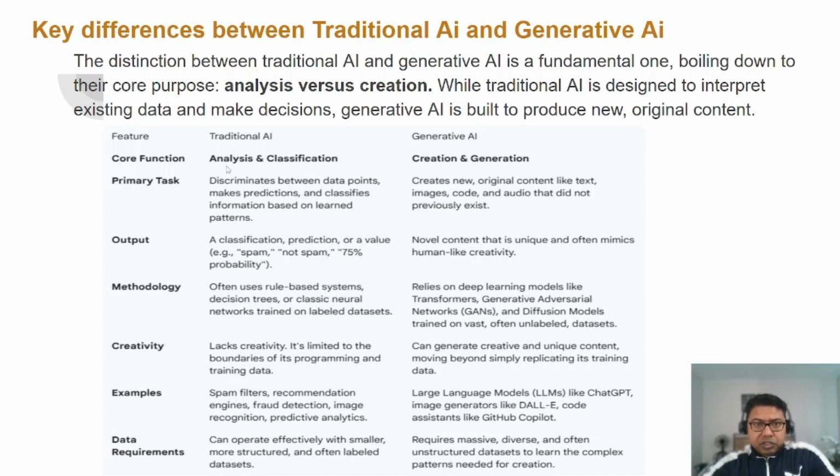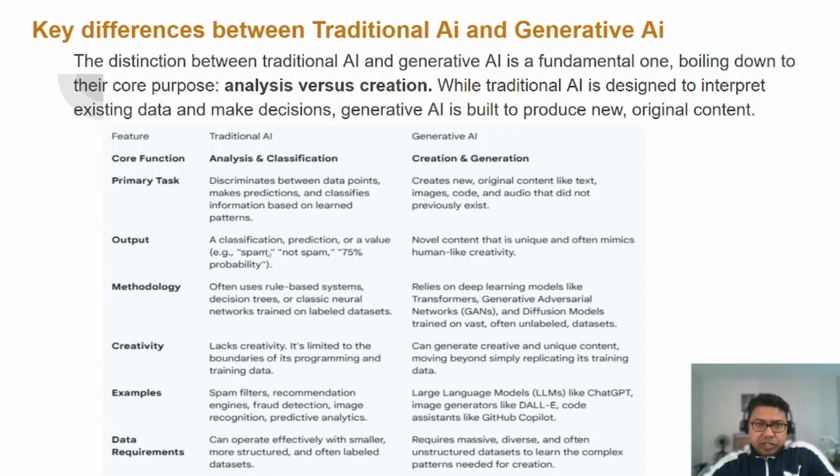Core function: for traditional AI, analysis and classification. Generative AI, it's creation and generation. Primary task: traditional AI discriminates between data points, makes predictions, and classifies information based on learned patterns. Generative AI creates new original content like text, image, code, and audio that did not previously exist. So this is the biggest difference.